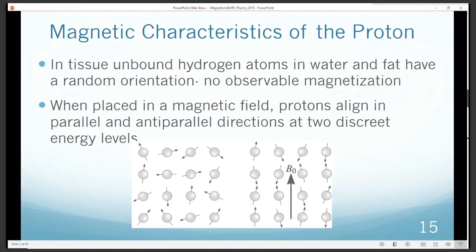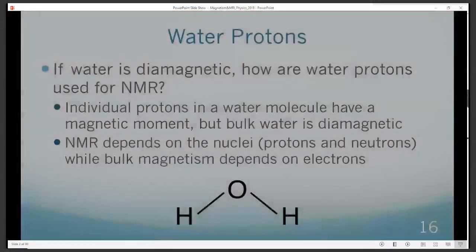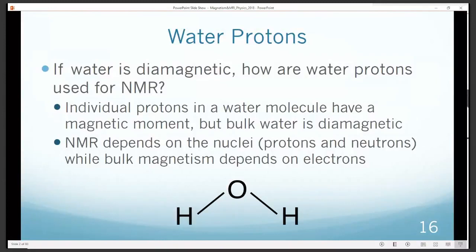But when they're placed in a magnetic field, the nuclei align in parallel and anti-parallel directions at two discrete energy levels. And this alignment causes the energy difference, which is the potential energy from which nuclear magnetic resonance is produced.